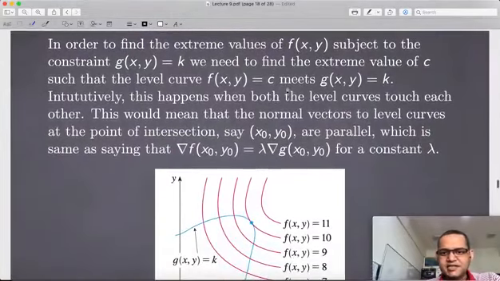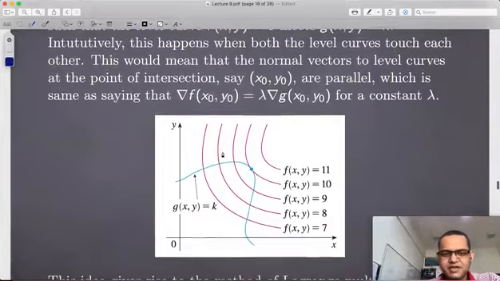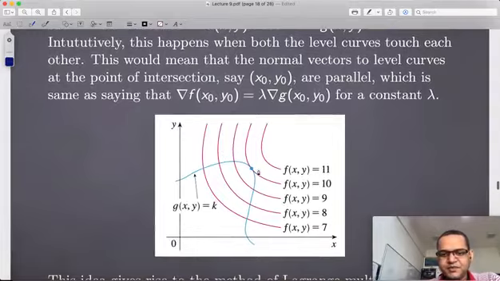Just consider this situation. Let's say we are in 2 variables and we want to maximize or minimize f subject to the constraint given by g. We want to find the maximum and minimum values of f when the points lie on this curve.